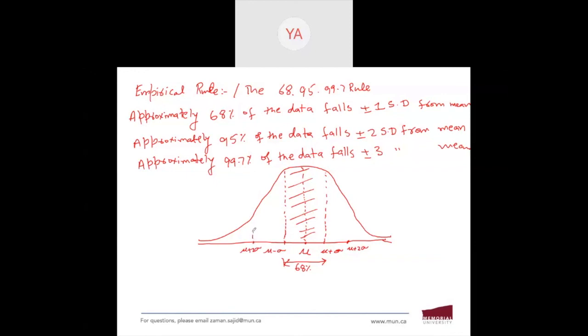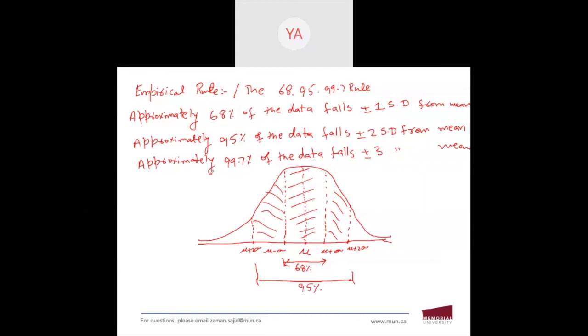Now the rule says that this region has 95% of your data.